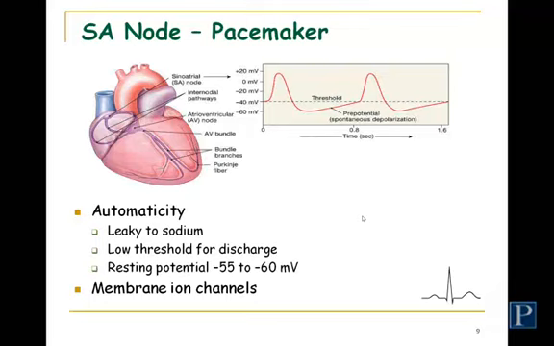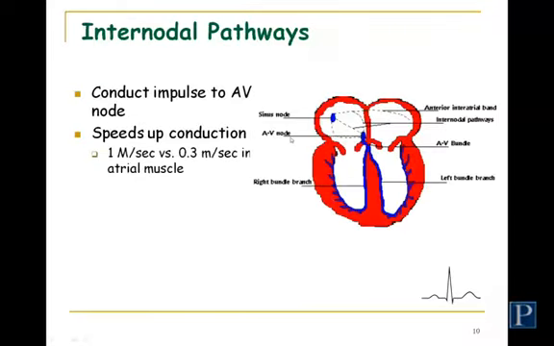Now when this fires, which you see up here, the action potentials need to be transmitted throughout the atrial muscle and eventually down to the ventricles. So we need some specialized cells to help us get it down to the ventricles and over to the atria fairly quickly. We start here in the SA node.